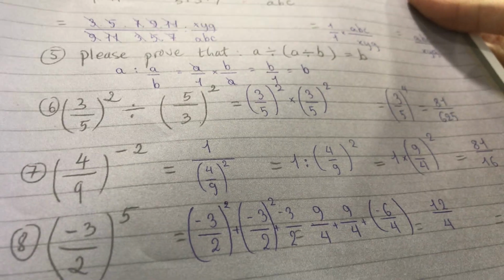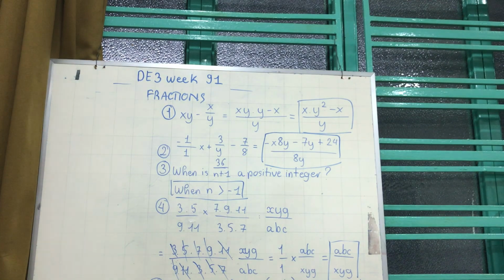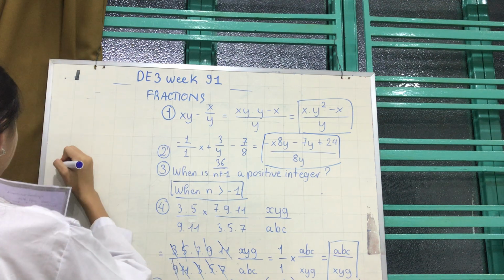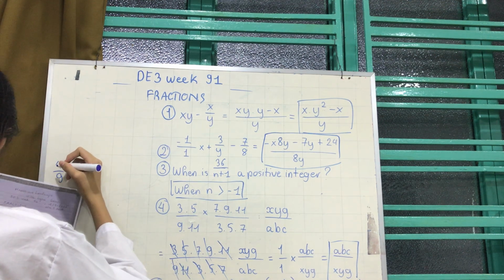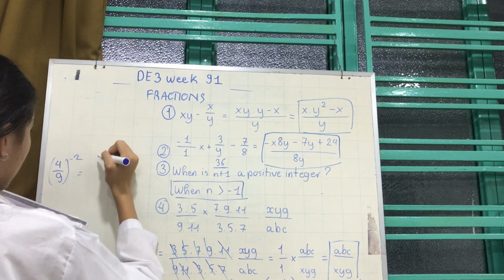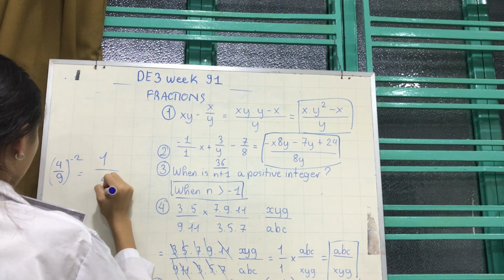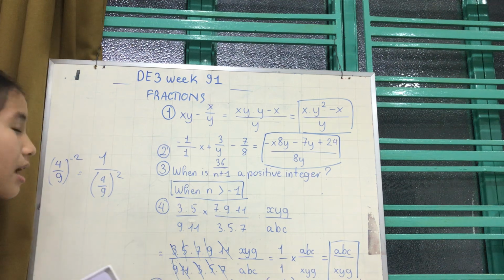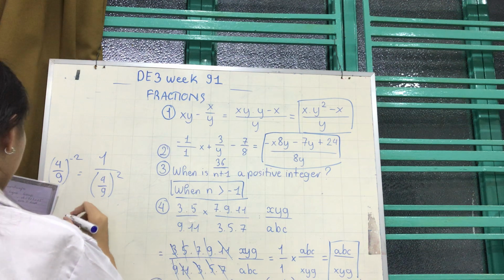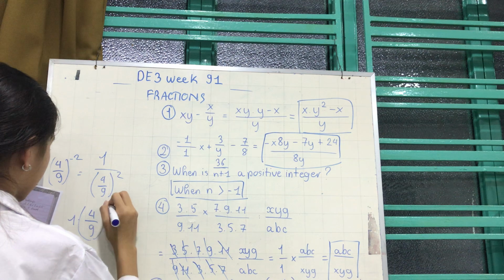Problem number 7 is 4 over 9 to the power of negative 2. Every time that we have a negative number as an exponent, we will need to do this. So we have 4 over 9 to the power of negative 2, and this will equal 1 over 4 over 9 to the power of 2.